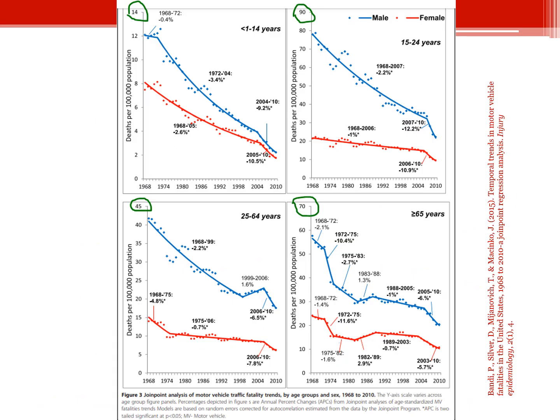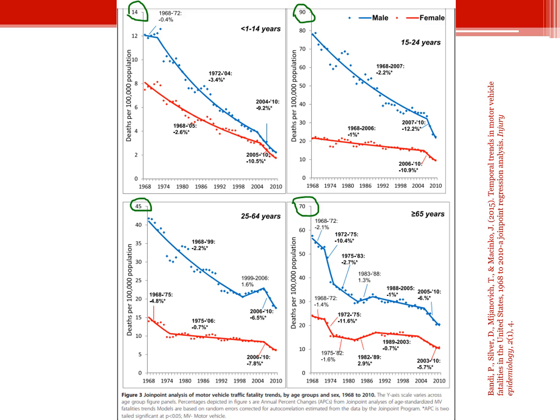Here are four more graphs from the Bandy and colleagues study. This shows motor vehicle crash fatality data for four different age groups from 1968 through 2010. Pay attention to the little green circled areas because this shows you that for each of the four age groups, the deaths per 100,000 are on different scales because the magnitude of deaths per 100,000 is so much greater in, say, the 15 to 24 range than it is in the 1 to 14 range.